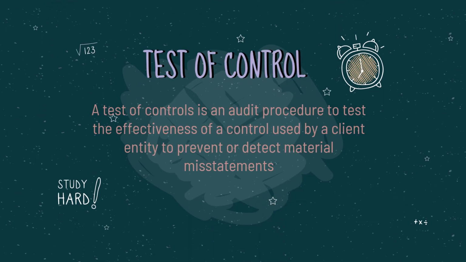Okay, the next subtopic that we will talk about is test of control. What is test of control? Test of controls is an audit procedure to test the effectiveness of a control used by a client entity to prevent or detect material misstatements.